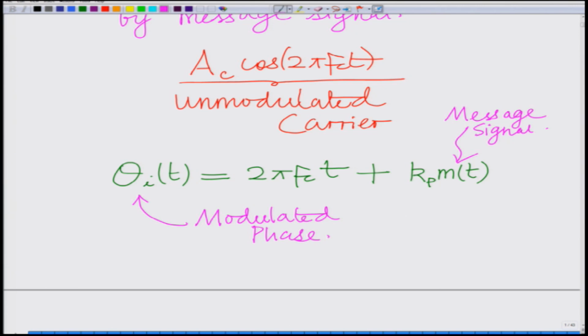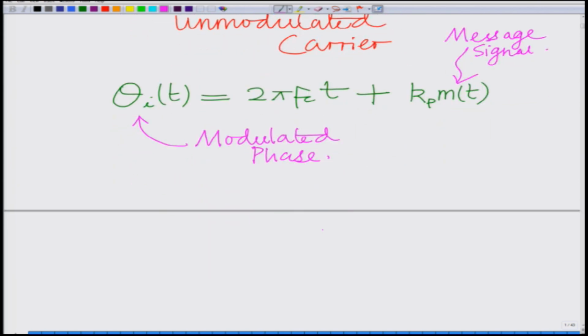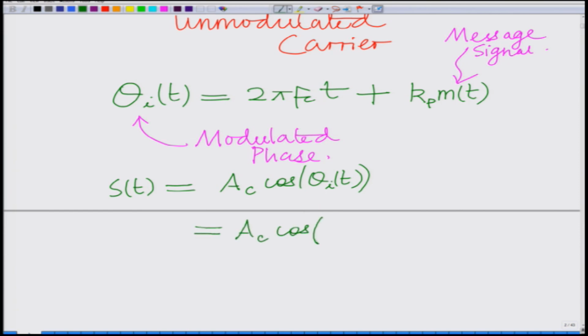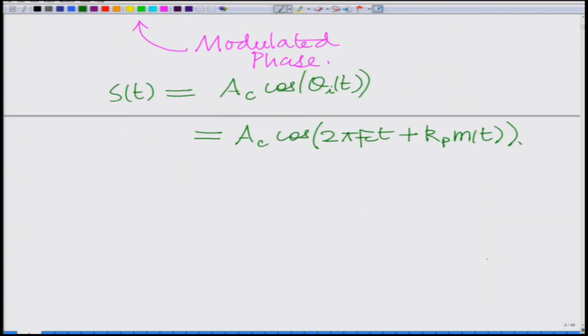You can see the phase is modulated by the message signal m(t). Therefore, the modulated signal is given as A_c cosine theta_i(t), which is A_c cosine of 2 pi f_c t plus k_p times m(t).